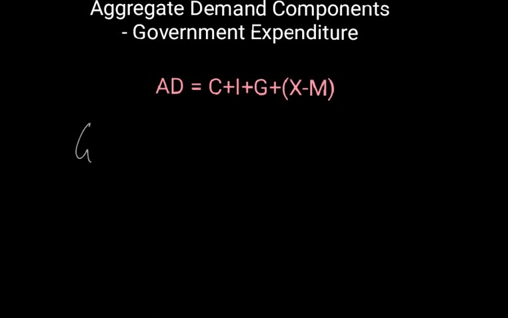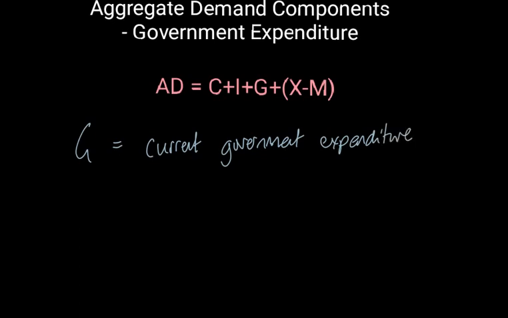So the G component, government expenditure, is what we call current government expenditure, okay, as opposed to capital. Because current government expenditure, what we mean there essentially is the day-to-day stuff.